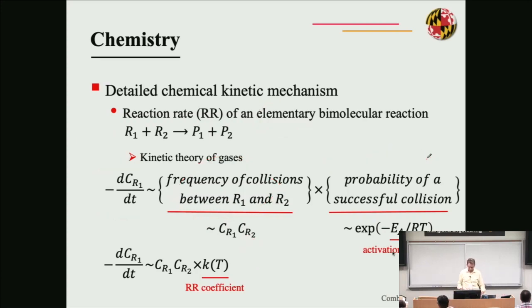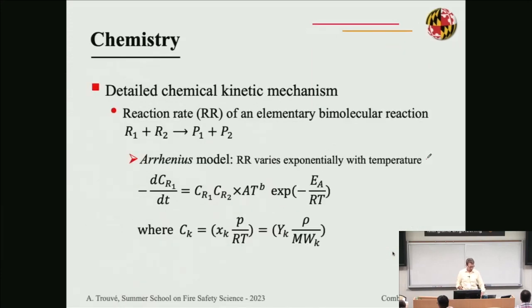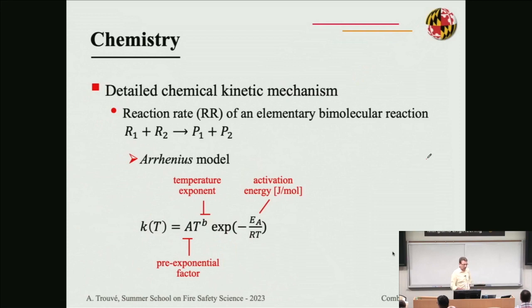So in fact, the full Arrhenius model, I guess, coming in the next slide, or I can even go, well, no, let me take a step back. So in the Arrhenius model, the probability of success of collisions is described by this reaction factor that typically involves a pre-exponential factor, sometimes a temperature exponent, most of the time in the combustion literature, and an activation energy that measures the sensitivity of this factor to temperature changes, because really the most dominant term is this one.